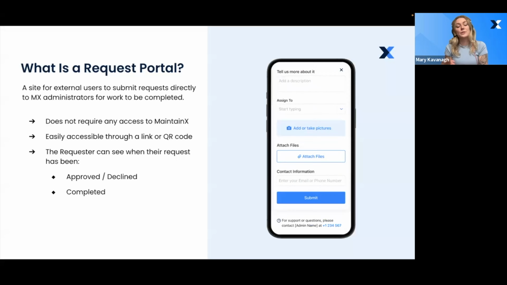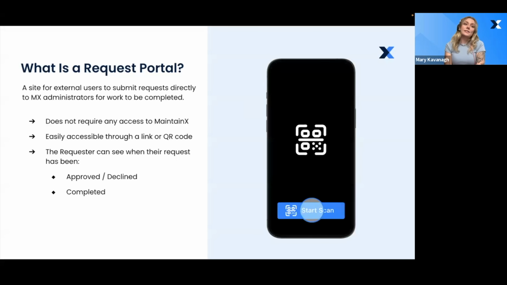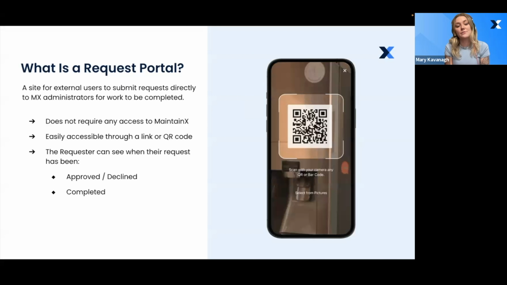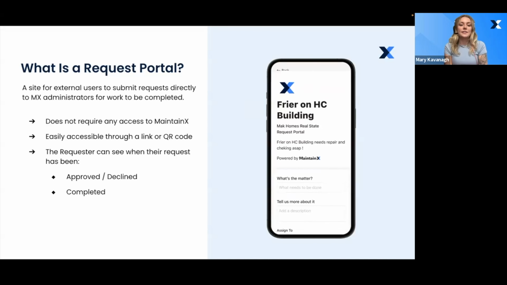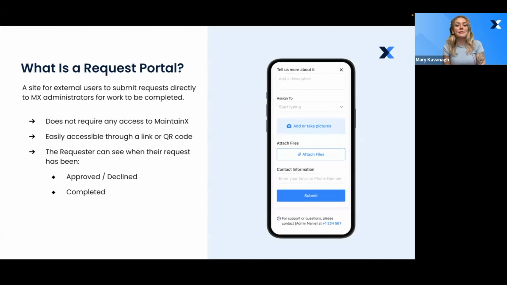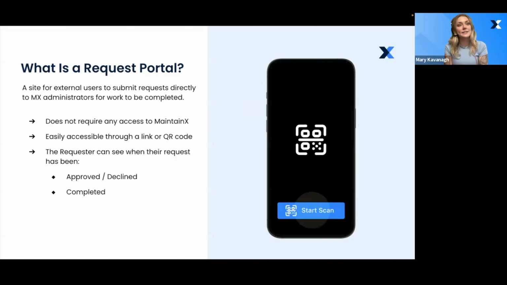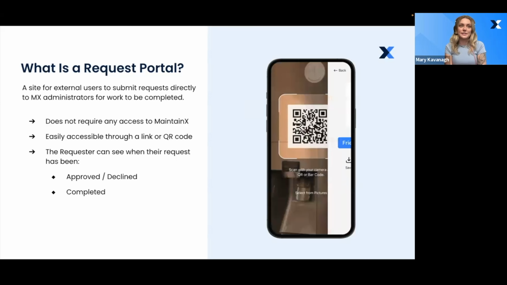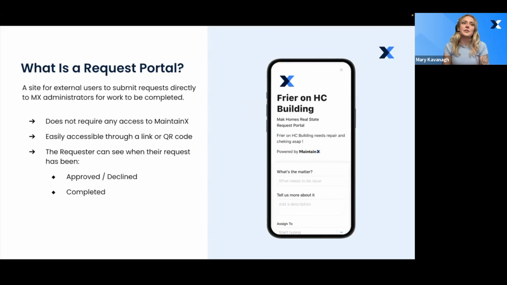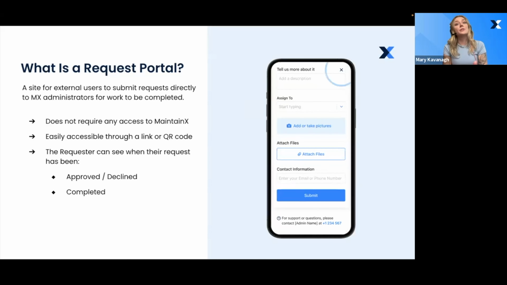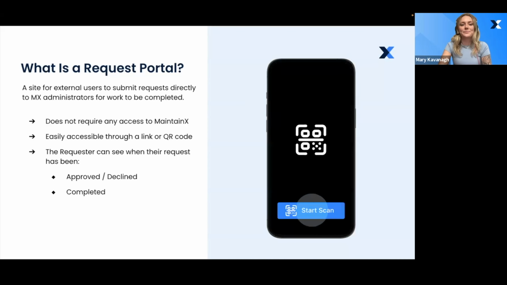Of course, with not having access to MaintainX, they would see a little bit less information than a request user would. They'll be able to see a notification when their request has been approved or declined, and also when it's been completed. So just a simpler version, really, that might be good for people who don't need detail on your requests.